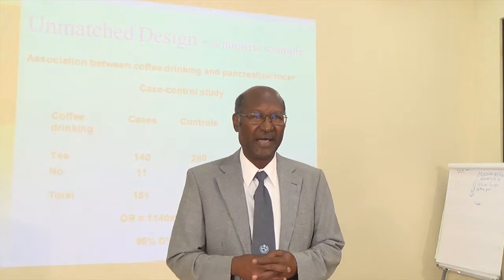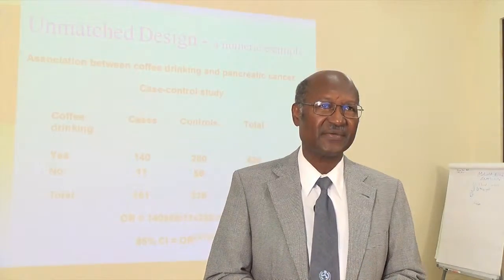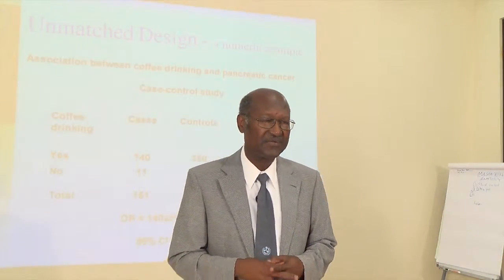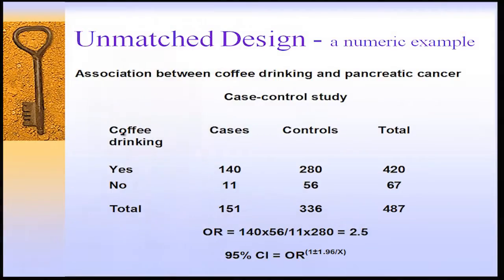For the unmatched design, we can give a numeric example instead of using letters, to determine the association between coffee drinking and pancreatic cancer in a case control study. We have 151 cases and 336 controls.